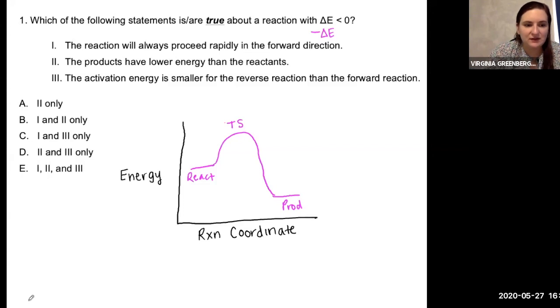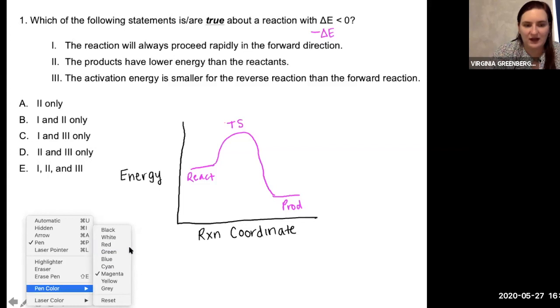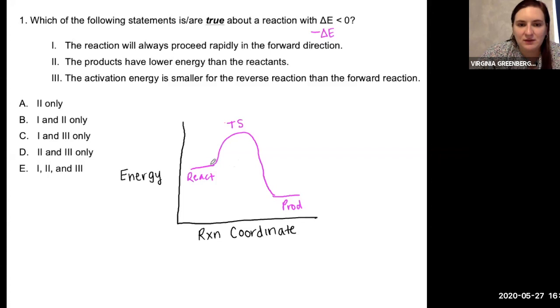To think about this, what I would consider is the case where maybe we are exergonic, energy is exiting our system, but what if our activation energy barrier looked something like this instead? We would still have the same delta E, but now we'd have a way bigger activation energy barrier to overcome, so the reaction would go really, really slowly. Okay, so this is not true. You can have really slow exergonic reactions.